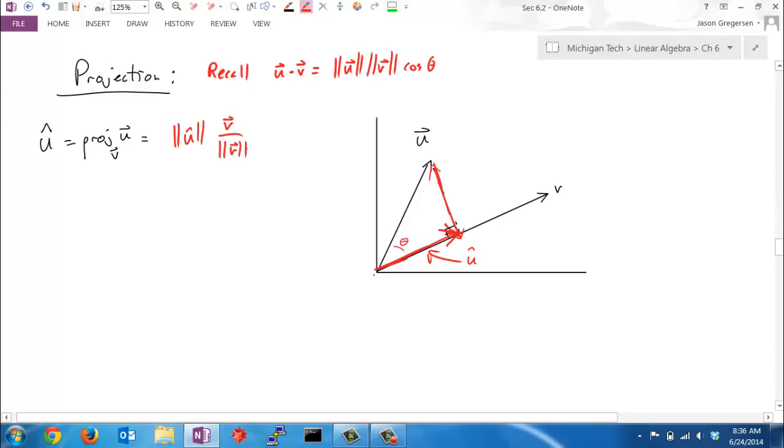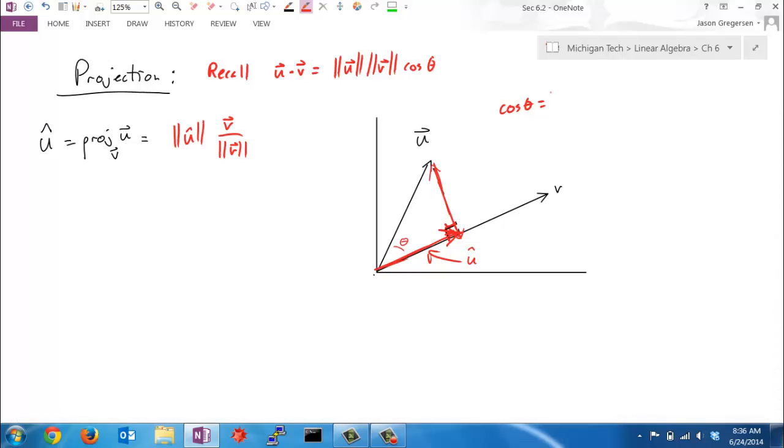To find this length, I'm going to use a little bit of trig. When I cast this shadow, this projection, I create a little right triangle. Inside of that right triangle, I know that cosine of theta is equal to what? Some trig in the morning.